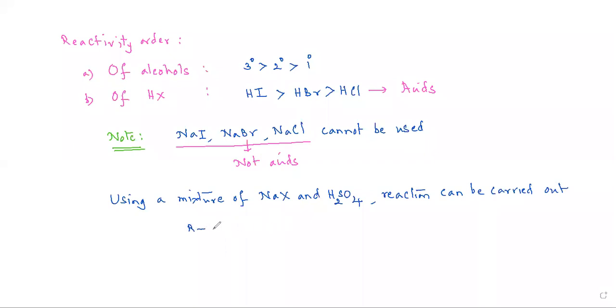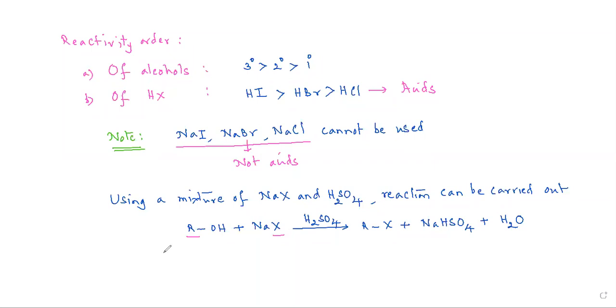In this case, it will be like this. Sodium halide with sulfuric acid. We get alkyl halide, then sodium bisulfate, and of course water. Look at this.